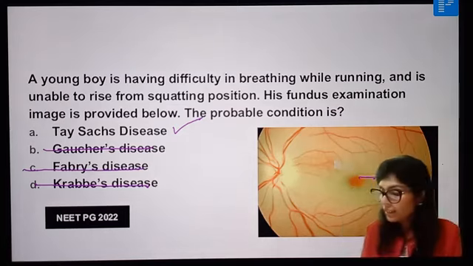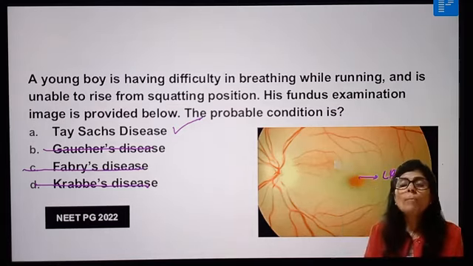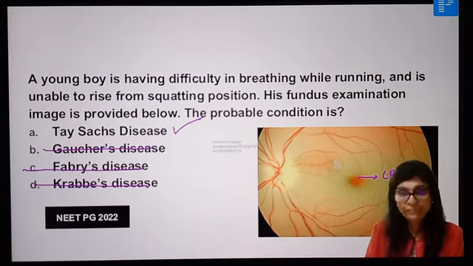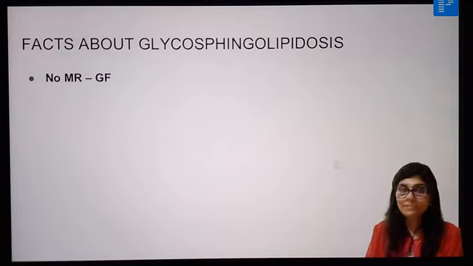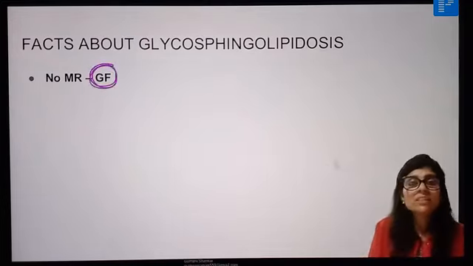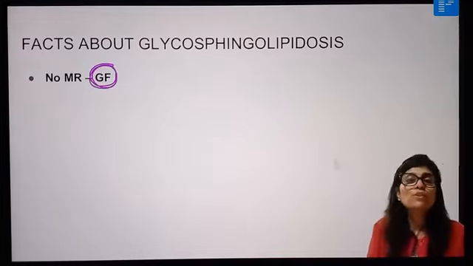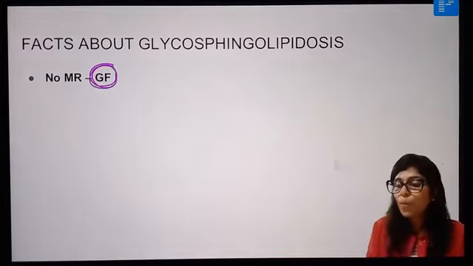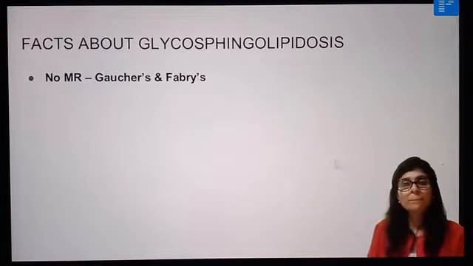Okay? Now, a few more mnemonics. No mental retardation in GF. We usually say that girlfriends are smart. Don't we say that? Yeah, girlfriends are smart. So no mental retardation in GF. What does GF stand for here? Gaucher's and Fabry's. Okay.